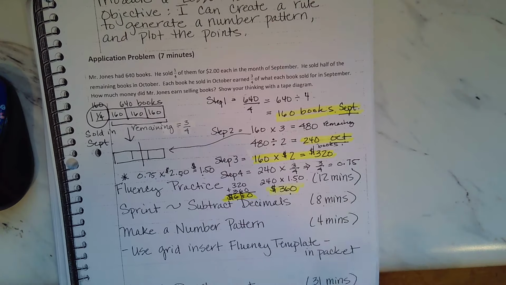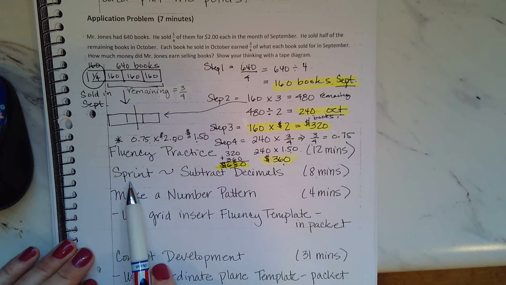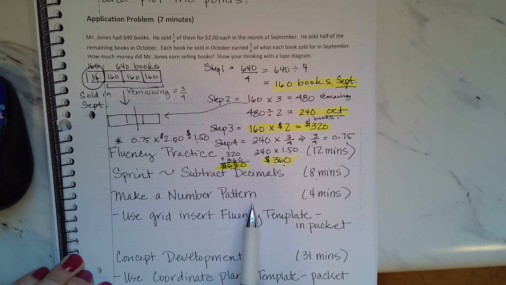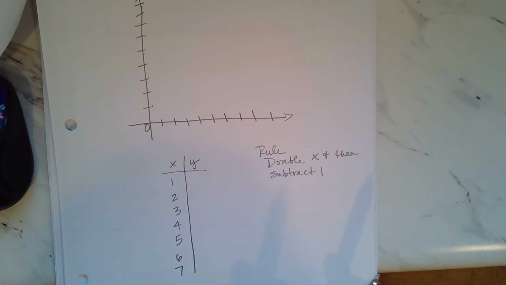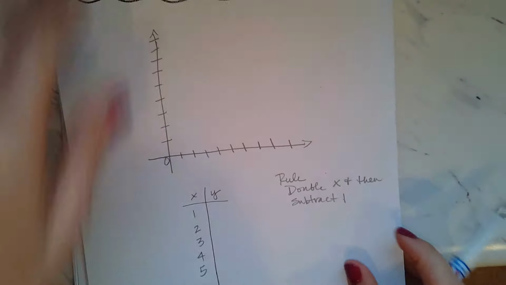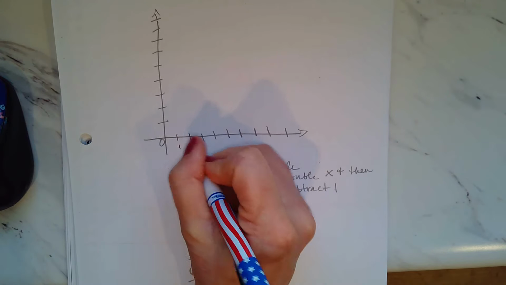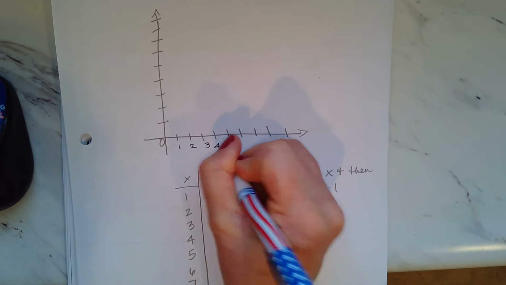All right, we are moving back to our packet here, and our next fluency is make a number pattern. So if you turn to the next page, you'll see I made a chart, and this just goes up.